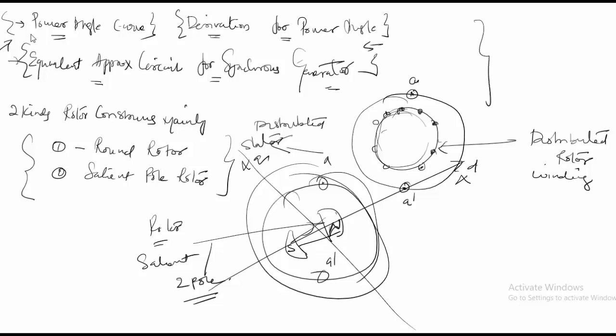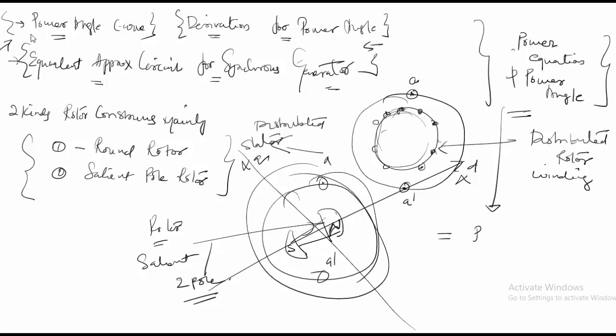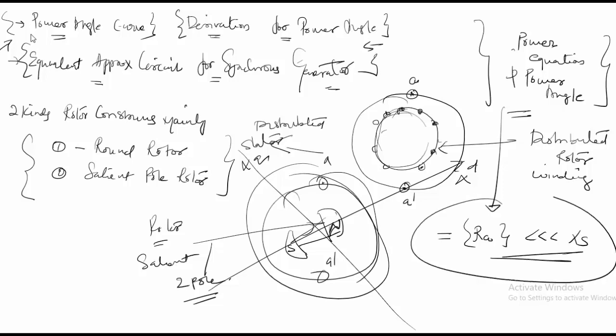In the previous lectures we found out the power equation and power angle equation for both these cases. In both cases the derivation considered that the resistance of the armature was very small compared to the synchronous reactance. So this was neglected and the equation was found.